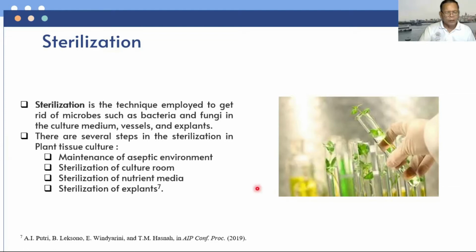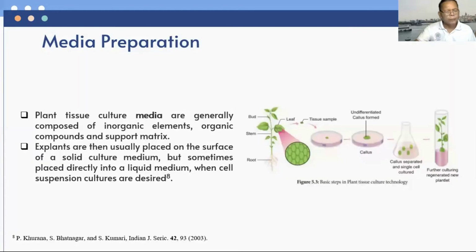We move to the media preparation. Plant tissue culture media are generally composed of inorganic elements, organic compounds, and support matrix. Culture media provide the culture the necessary inorganic nutrients that are usually available from soil.